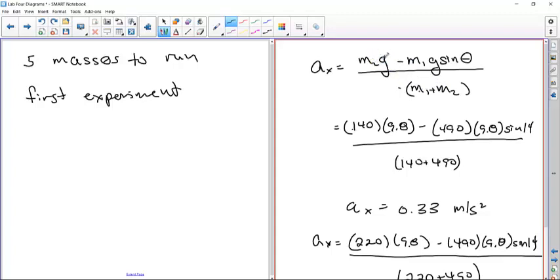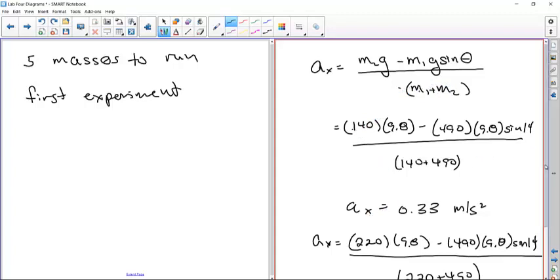So this is the weight of the hanging mass, and then this is the x component of the weight on the ramp. So we have m1, the mass of the cart or the block, times g times the sine of the angle theta. And then we divide by the total inertia, m1 plus m2, and that will give us some idea.